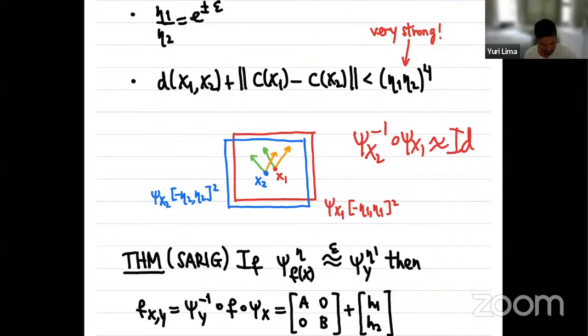So for some calculations, the 4 becomes 3 in the middle of the proofs, and then the 3 becomes 2, and then the 2 becomes 1. So if you have a better way of applying the calculations in the proof, perhaps you could reduce this to 3 or to 2. So it's not optimal, but it's sufficient.